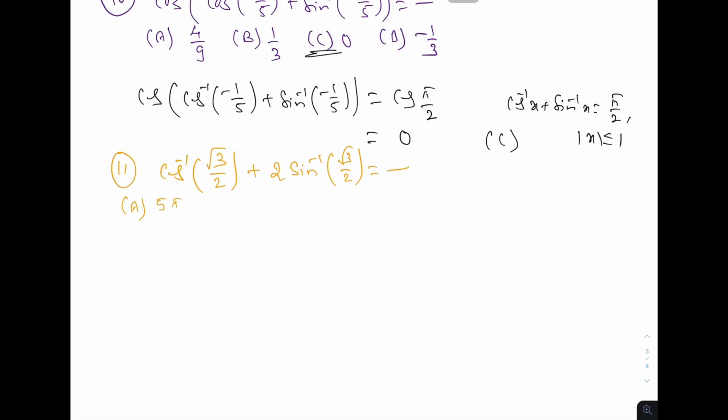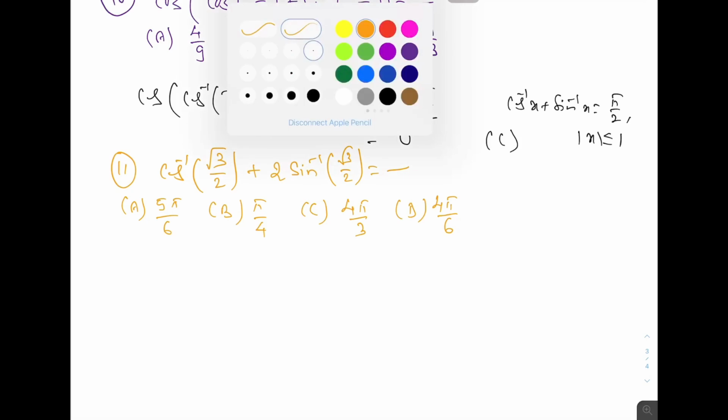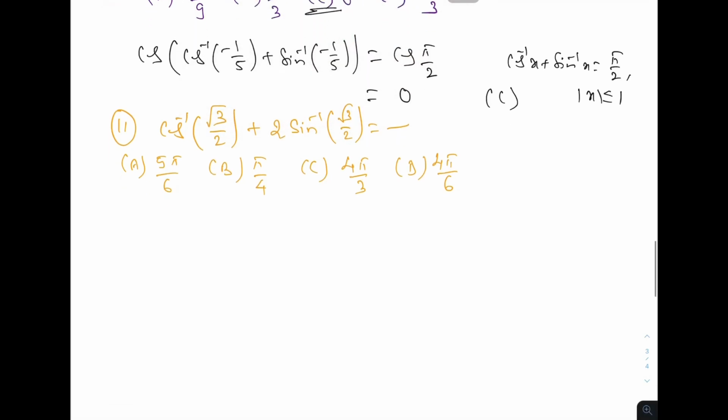Options are 5 pi by 6, pi by 4, 4 pi by 3, 4 pi by 6. Here this is very easy, because cosine inverse root 3 by 2 plus 2 sine inverse root 3 by 2, these are standard trigonometric values.